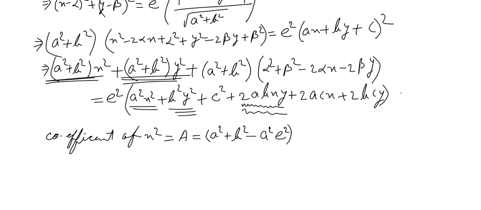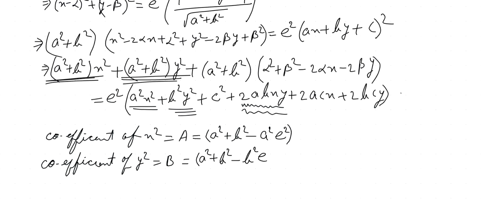Then the coefficient of y square is capital B, that equals a square plus b square minus b square e square.